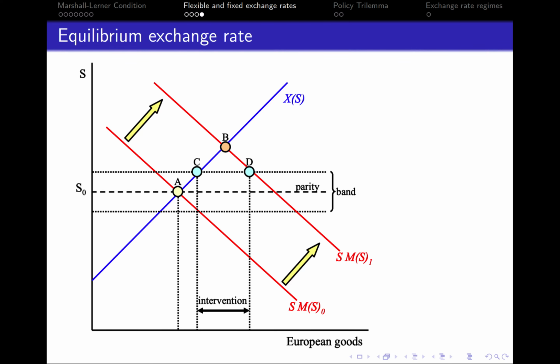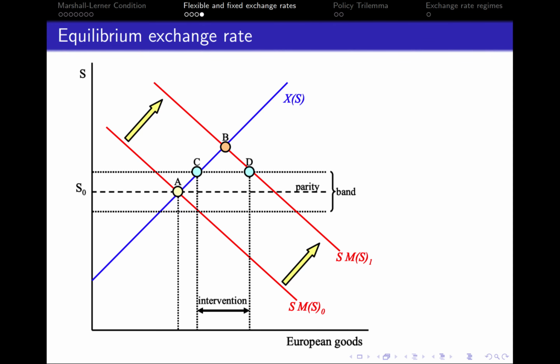Okay, and this is actually all that we need to know to properly understand how exchange rate intervention needs to be performed in order to keep fixed exchange rate.